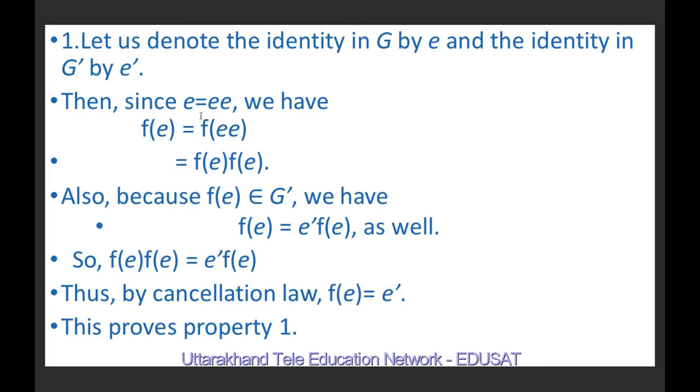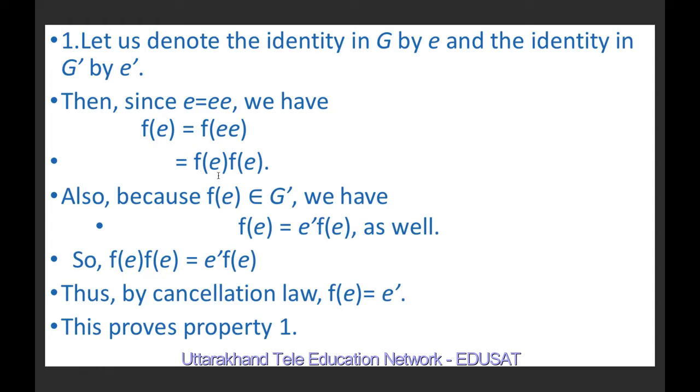But f is a homomorphism and it preserves group structure. Therefore, f of ee is equal to f(e) f(e). Also because f(e) belongs to G dash, f(e) is equal to e dash f(e).